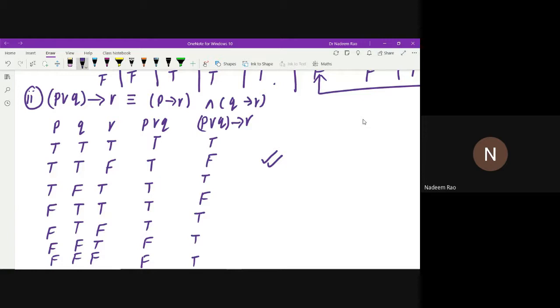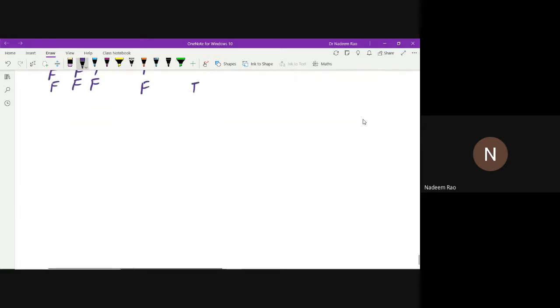Okay, so next in the sequence we will study the converse, inverse, and contraposition.